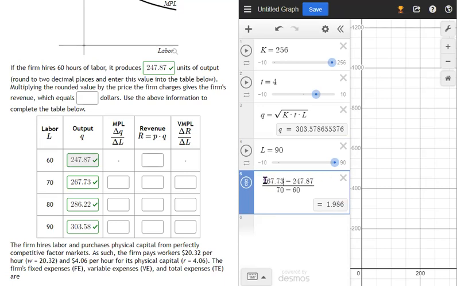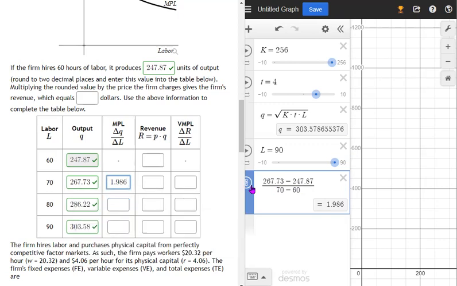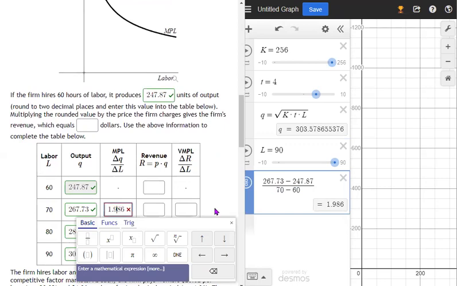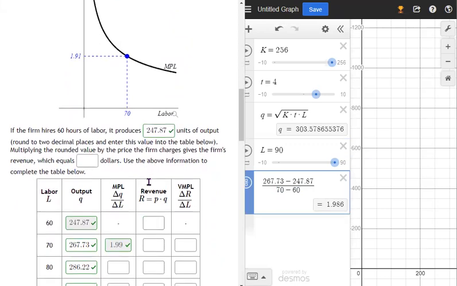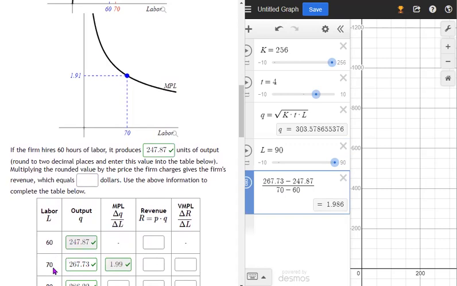So the change in output is this number, and the change in labor is that number. And the marginal product of labor is 1.986. Well, maybe I need to round it to 2 decimal places. Yeah, I've got to round it to 2 decimal places. Okay. So at 70 hours of labor, marginal product of labor is 1.99.